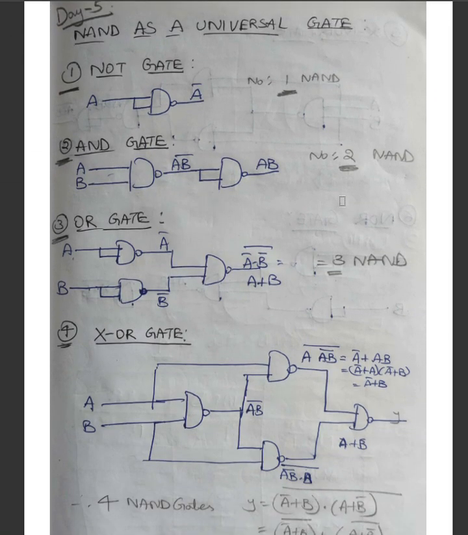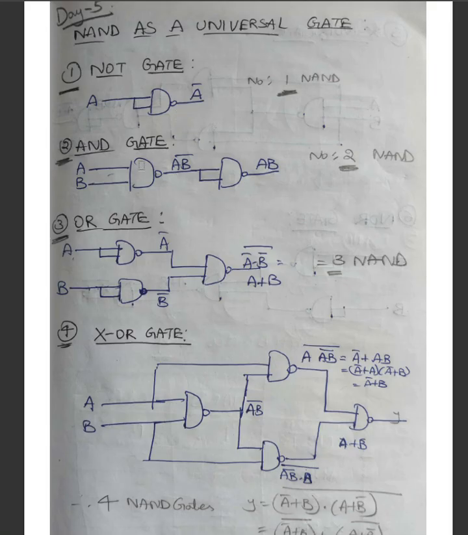So NAND and NOR gates can be represented as universal logic. You have to remember this. Let's see how many NAND gates it will take. For implementing a NOT gate, it's simply one NAND gate.